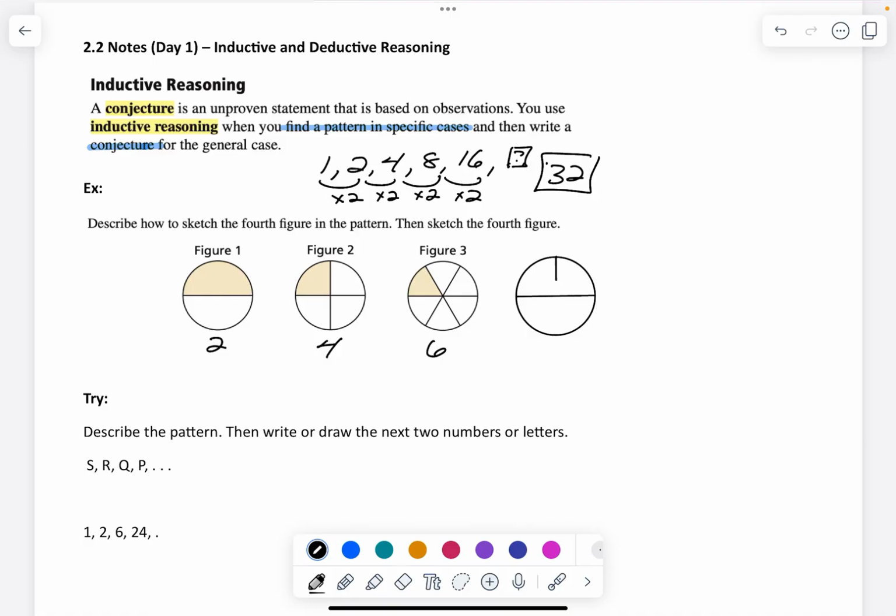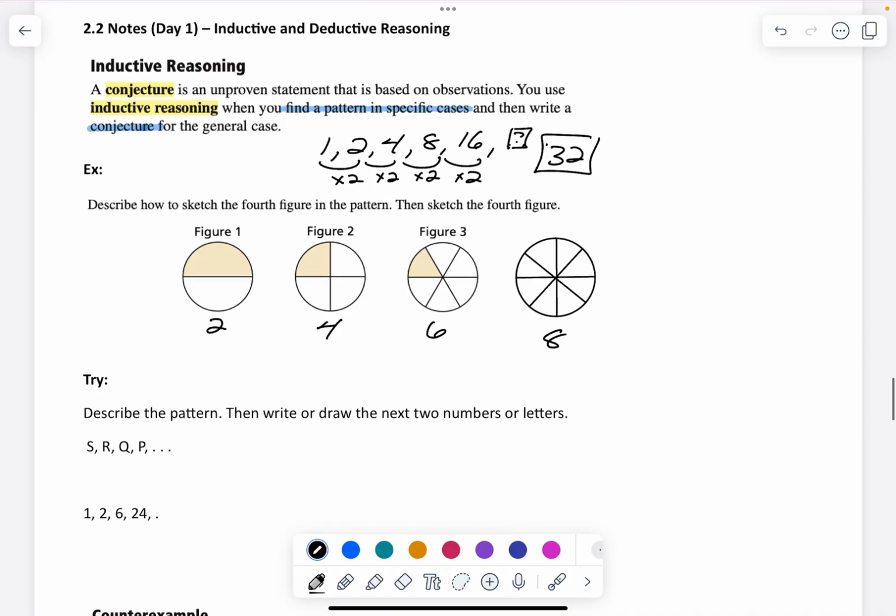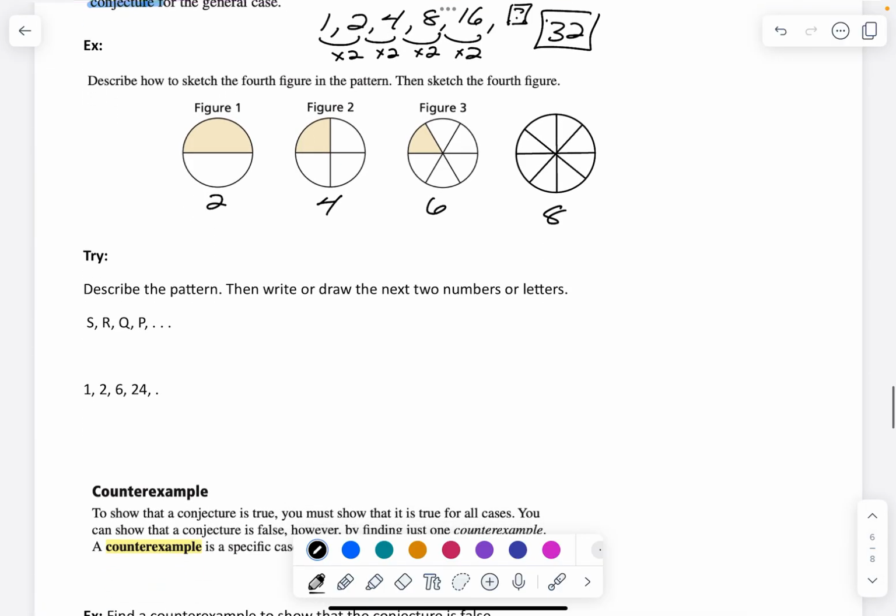This is my conjecture at least. 2, 3, 4 lines. And we make it into 8. So these are kind of fun. We're making guesses and looking for a pattern.